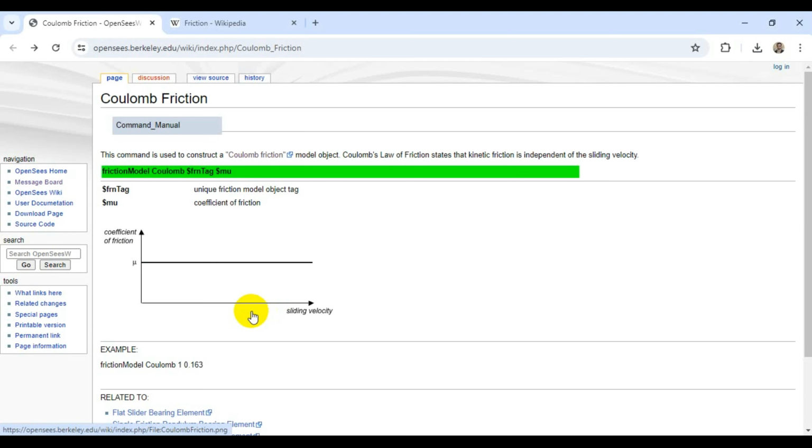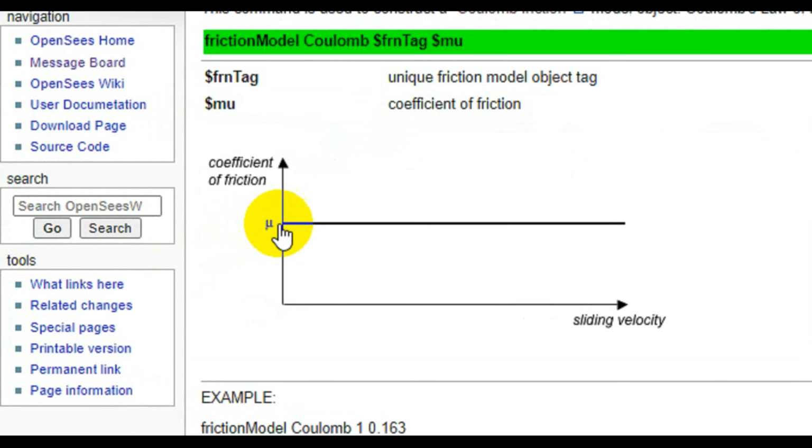The coefficient of friction represents the maximum resistant force that can be mobilized before sliding occurs, and it is expressed as a proportion of the normal force acting between the surfaces. The sliding velocity represents the relative velocity between the two surfaces in contact.